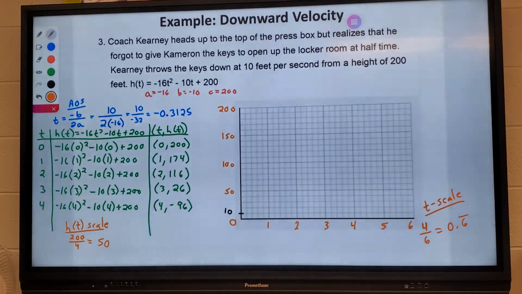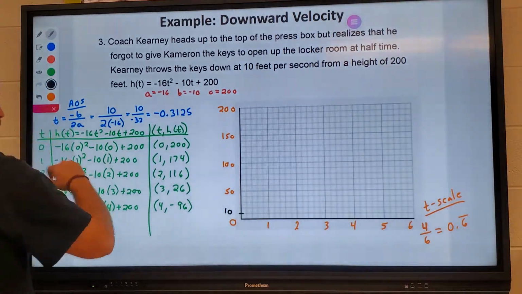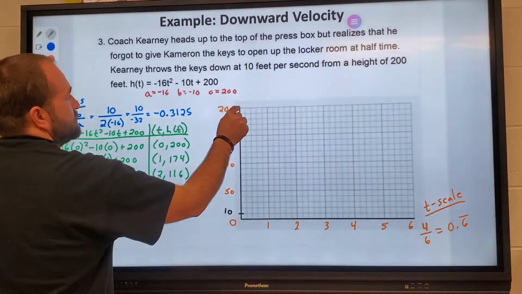From here, then, we're going to go ahead and graph all of our ordered pairs. We have 0, 200, so I have an ordered pair here at 200.